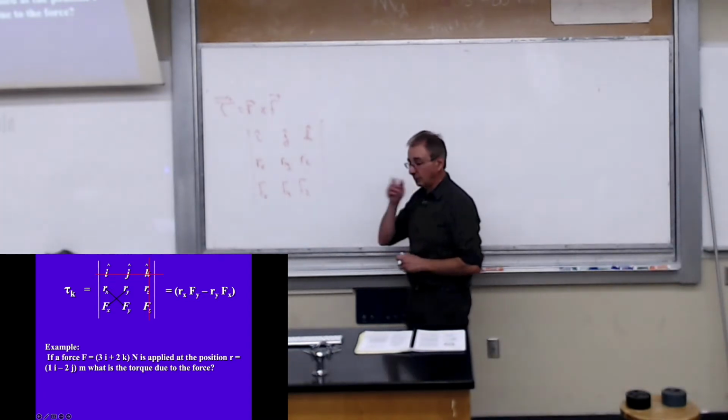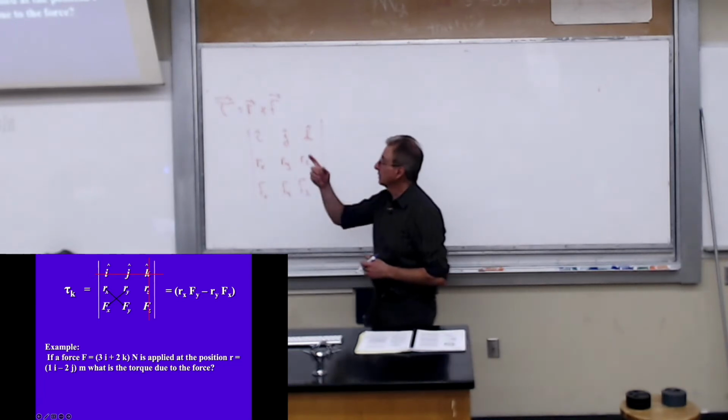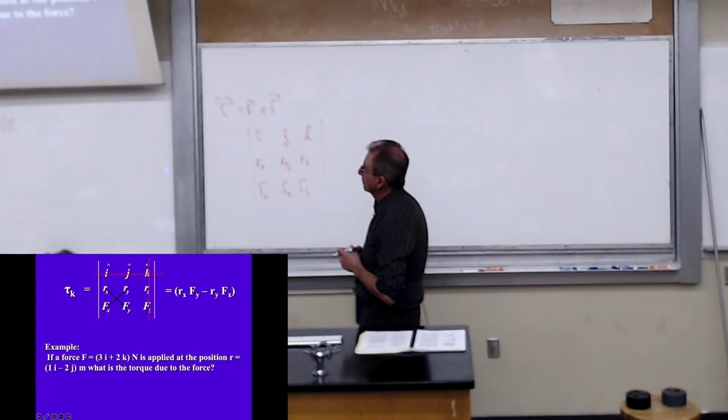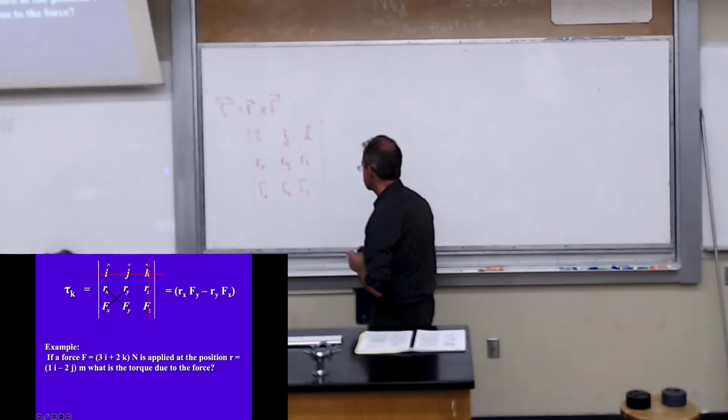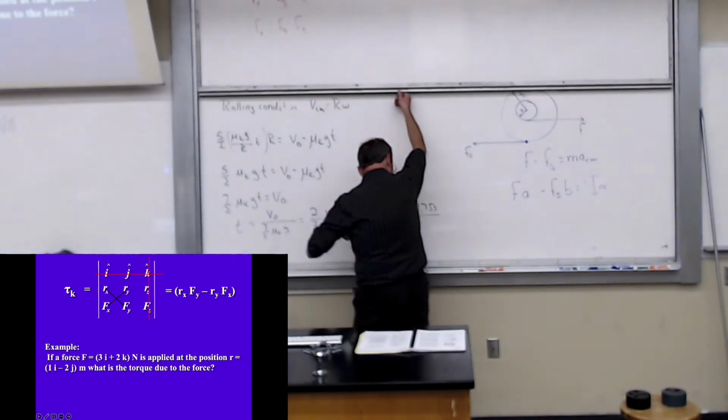So I want to do an example where I calculate torque. We're given this case where the force is 3i plus 2k, and r is i minus 2j. Let's go through and calculate the torque on this particle.